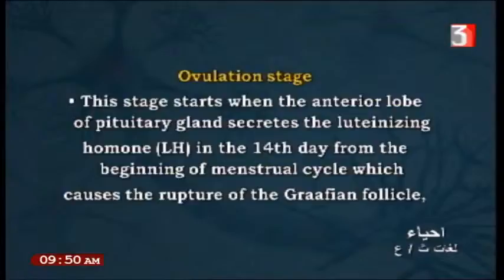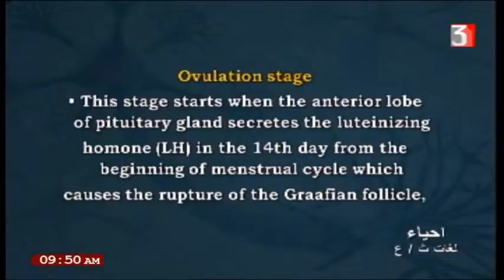The first 10 days of the menstrual cycle are for the growth of the Graafian follicle. After that, what happens from the 14th day? The LH hormone is secreted by the action of the pituitary gland, and this causes the rupture of the Graafian follicle.